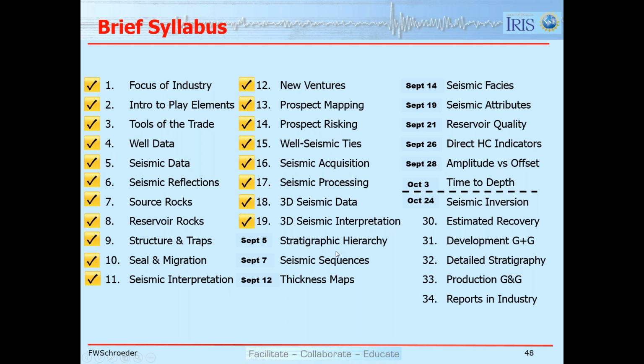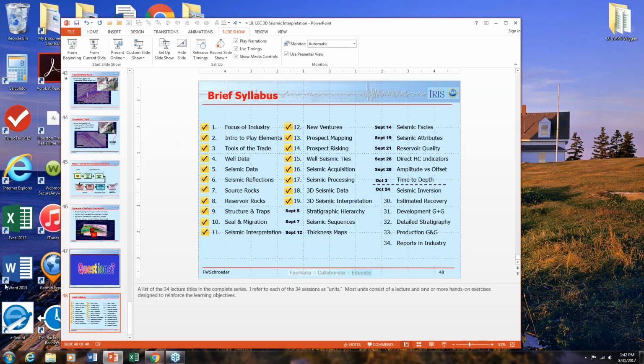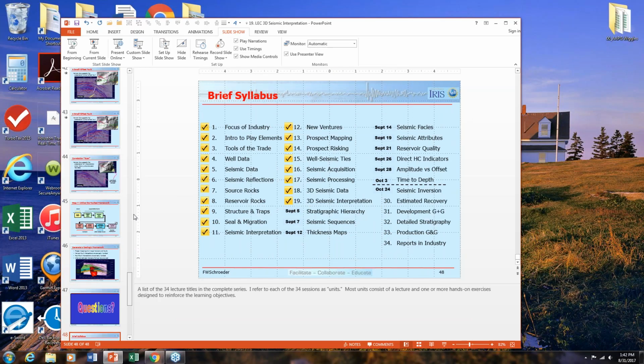Some people like a red to white to blue color bar. Other people like different types of color bars, depending on what you're working on.